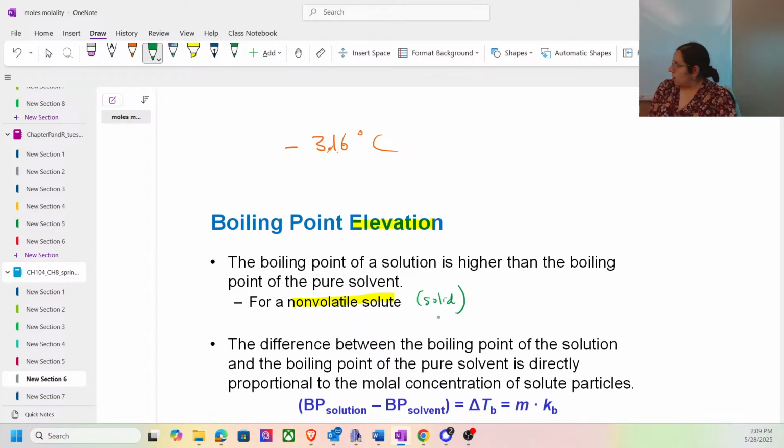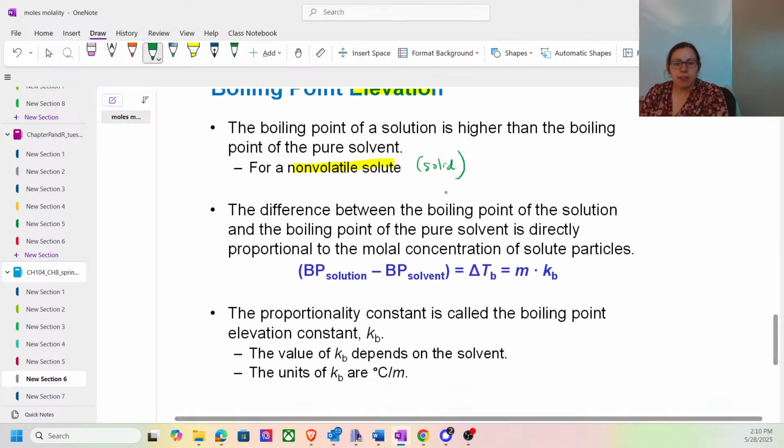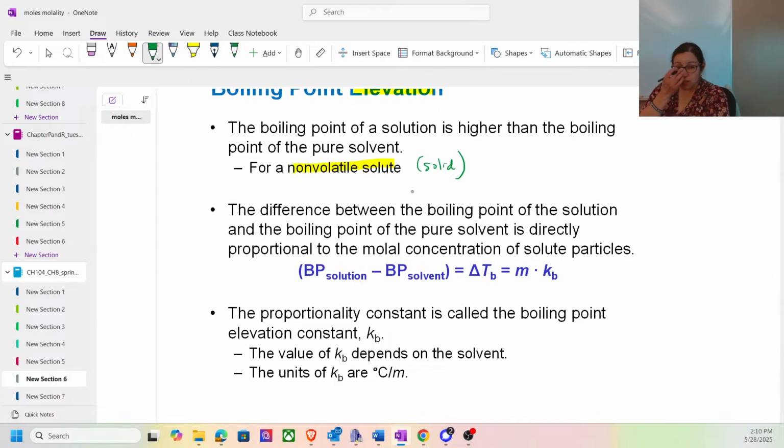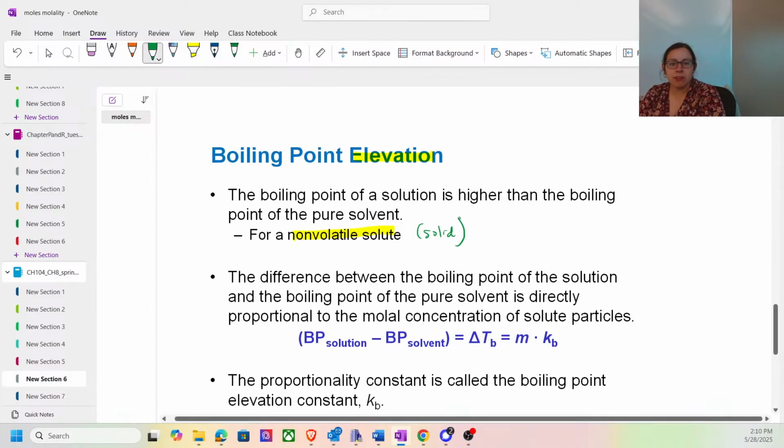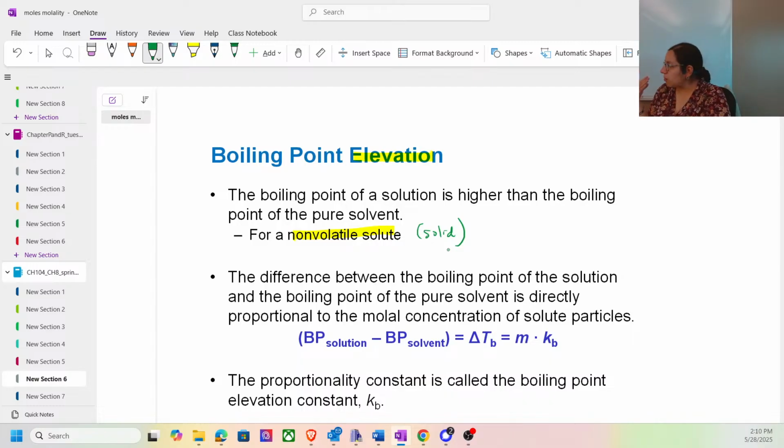If you were to add something else that was volatile, like let's say you added acetone to water, acetone's pretty volatile, so it may not have the same effect, but that's an aside for another course. So we're just focusing on these solid solutions. And this is always, I call it the great pasta debate: should you add salt to your pasta water beforehand or after?